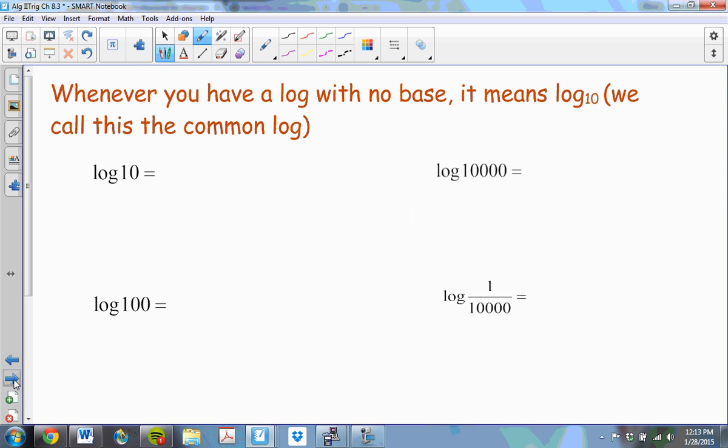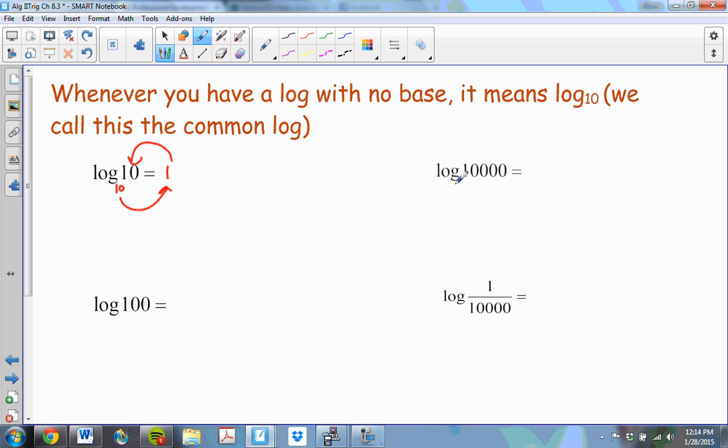Keep going. Remember, sometimes it's helpful to think about this like it's a function, like instead of having f of 10, where f is some random function, we have a special function called log now, log of 10. This is saying the log of 10. If you ever have a log with no base written, where there's no number down here, we make it base 10. We call it the common log. So log base 10 of 10 is 1, because 10 to the first is 10.